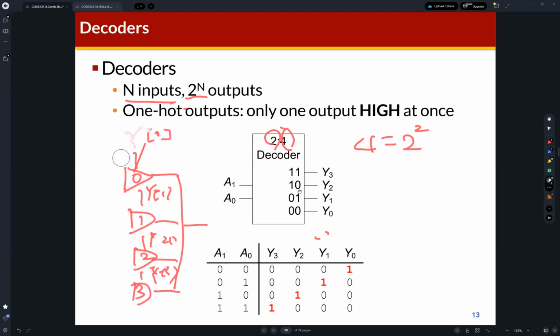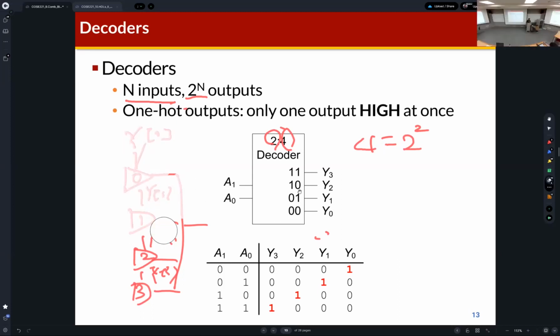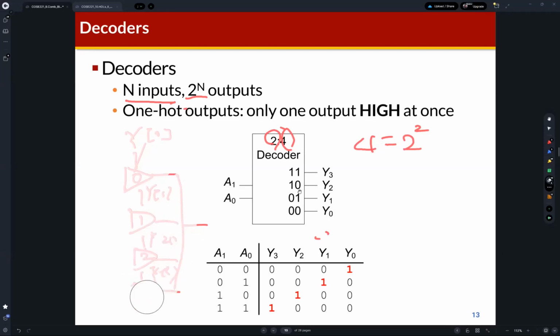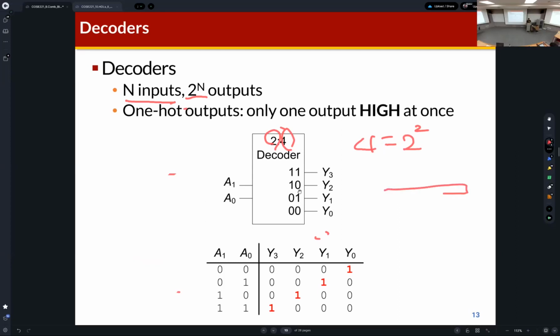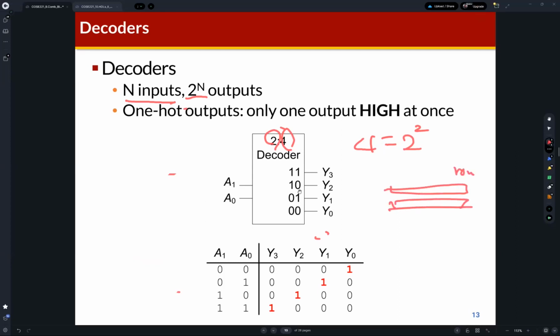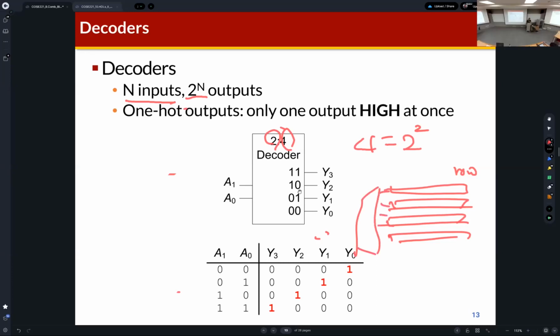Also, another example is the memory. Actually, we do not learn about the memory logic, but memory looks like this. There are many rows, and based on the input address, we need to activate one of the rows.